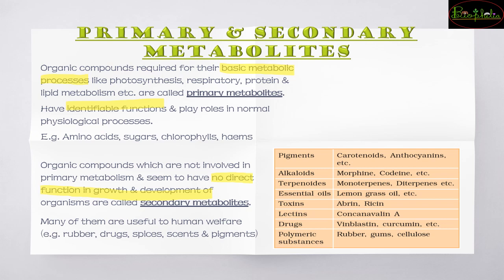For example, you can see here in the table there are different drugs which are used by humans. There are pigments, there are spices. अभी जो spices में you can see the essential oils भी होते हैं, या there are some alkaloids. All these are actually secondary metabolites जिसका directly plant को कोई benefit नहीं है, but humans have identified them and they are being used for human welfare.